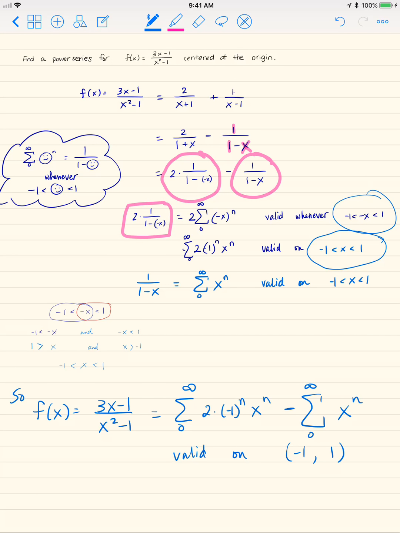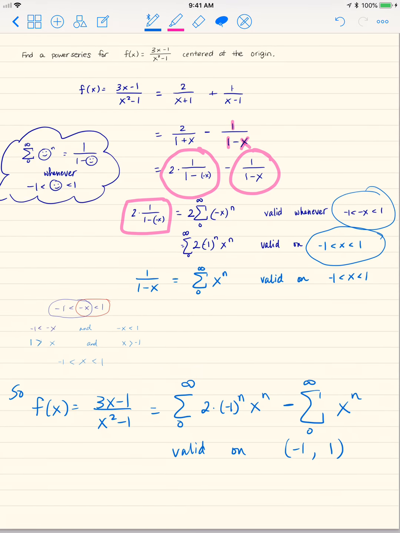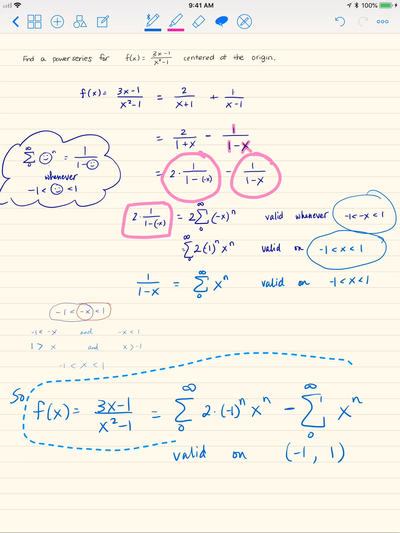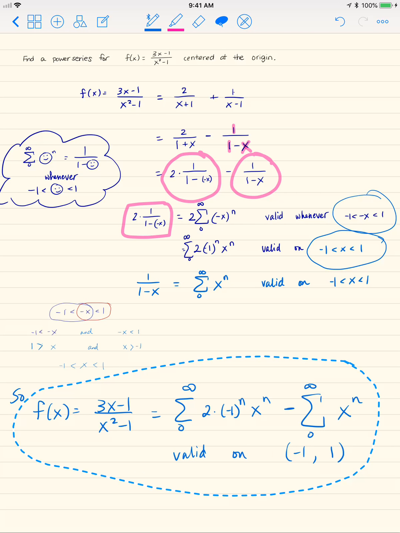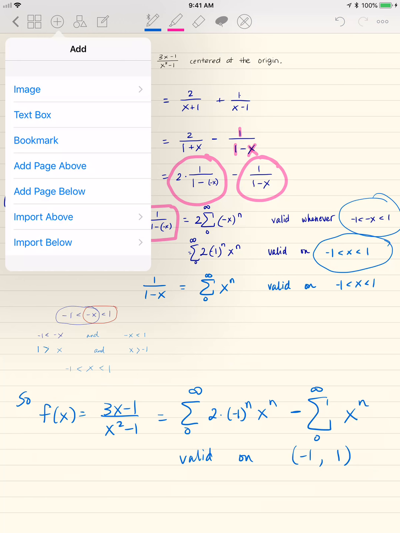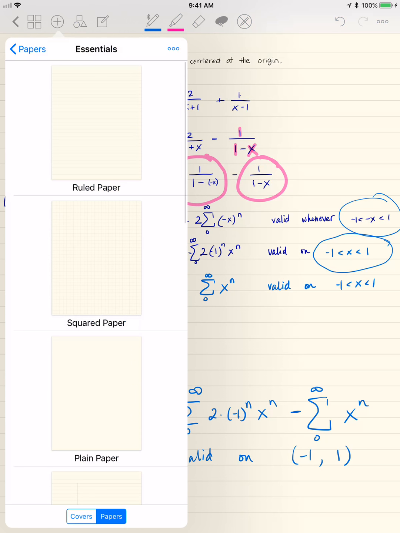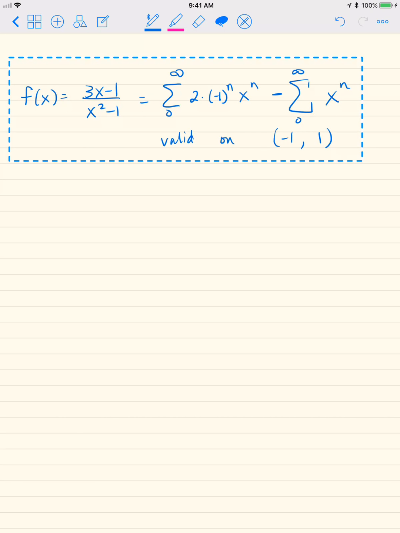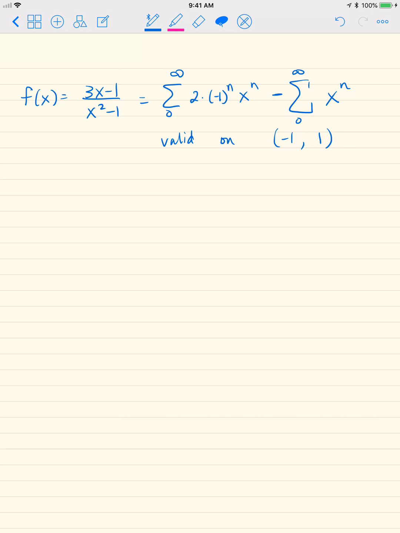The last part here is we need to actually figure out what this is equal to. So let me copy this and add a page below. Paste. Okay. And so this we can rewrite by combining my power series.